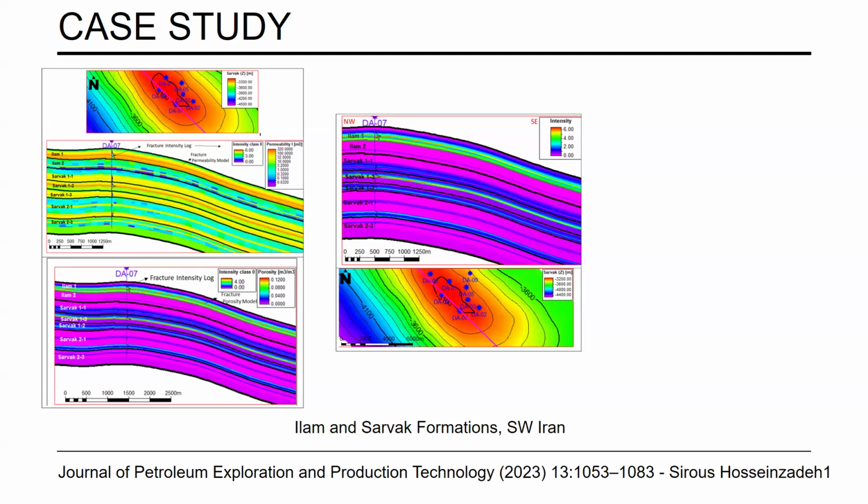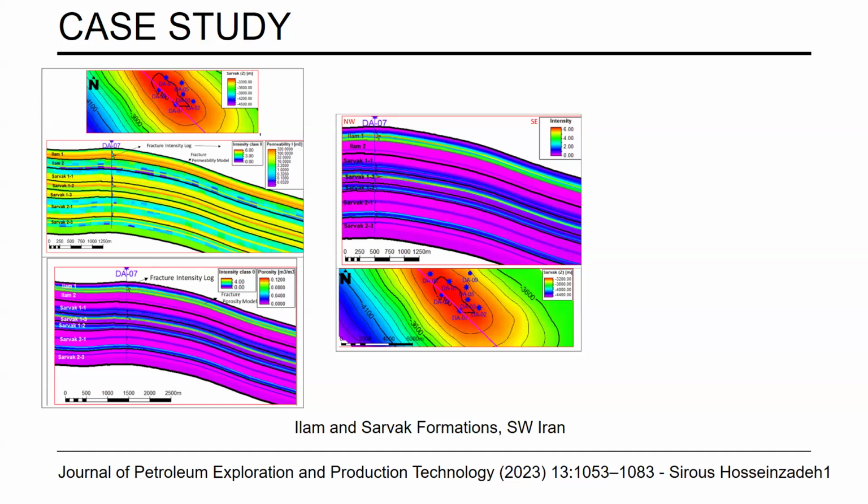Then there is something called fracture intensity. Fracture intensity is nothing but the number of fractures in a given area, and that is computed in an FMI.